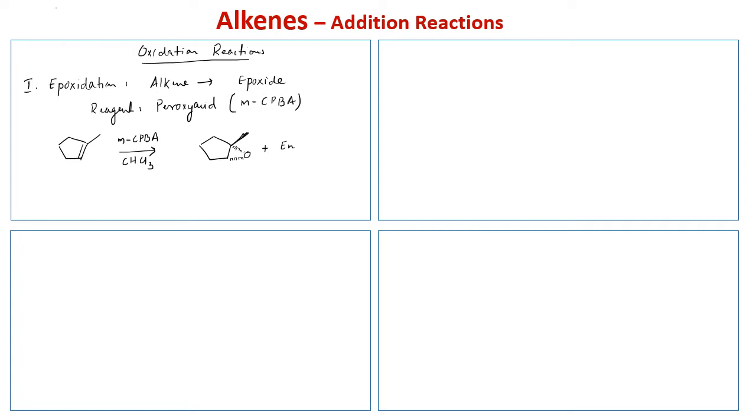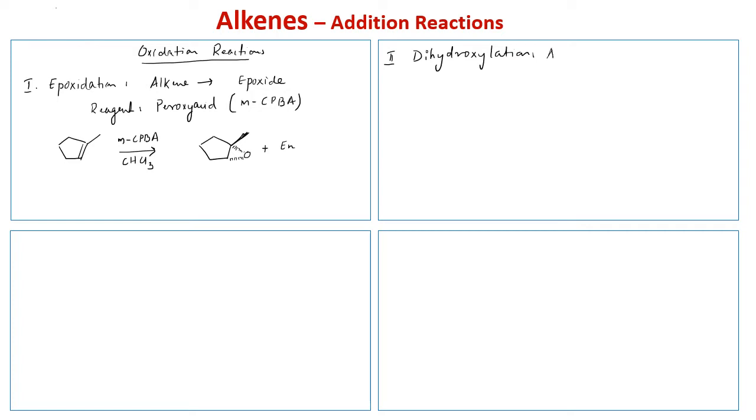A second oxidation that you can do on alkenes is, sorry, instead of just saying it syn, I'm going to call it a dihydroxylation. Now we're going to learn about two types of dihydroxylations here.